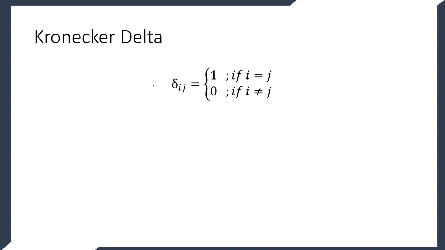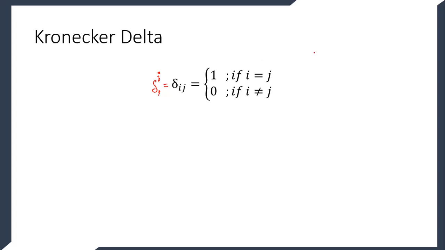The Kronecker delta can also be written with a subscript and a superscript. So delta ij with both in the subscript denotes that it takes value 1 only if i is equal to j.